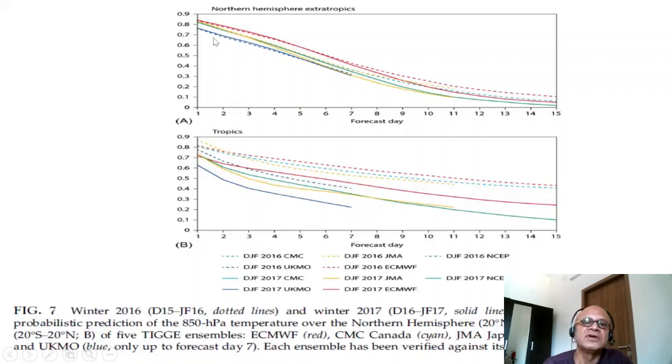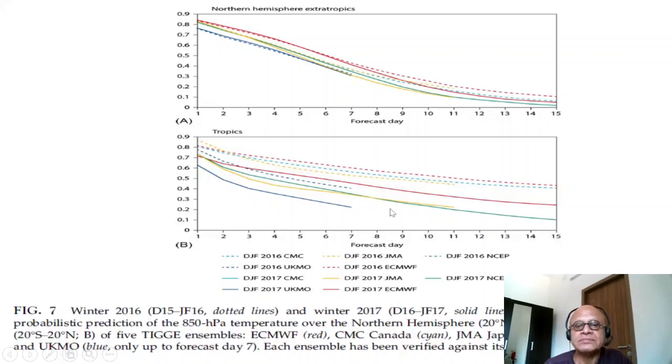Also there is a faster drop off here for this winter average CRPSS score of the probabilistic prediction of the 850 hectopascal temperature over the northern hemisphere and the tropics of the 5 TIGGE ensembles.